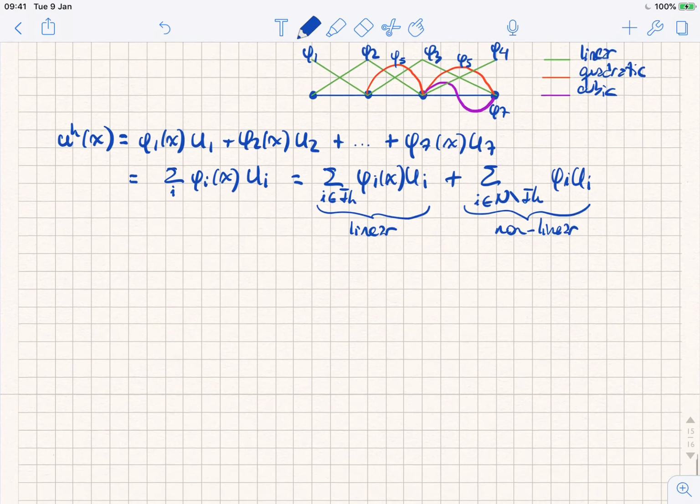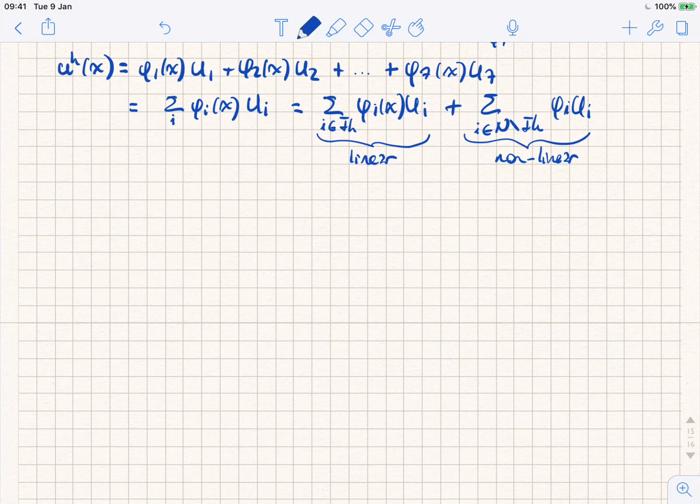I like to write it this way because you can think of p-FEM as a way to improve on your approximation by adding nonlinear functions to the whole formulation. So this for me is already an enrichment over your linear interpolation.